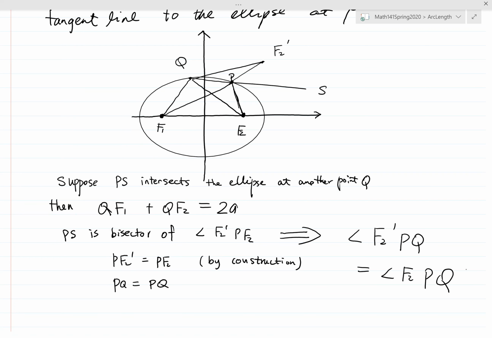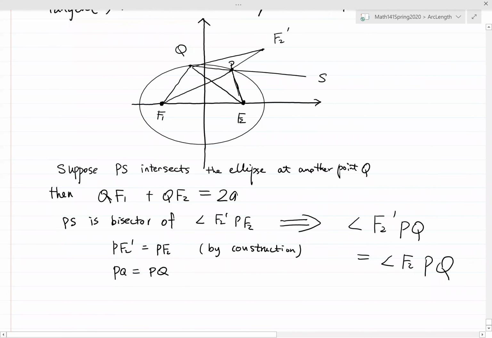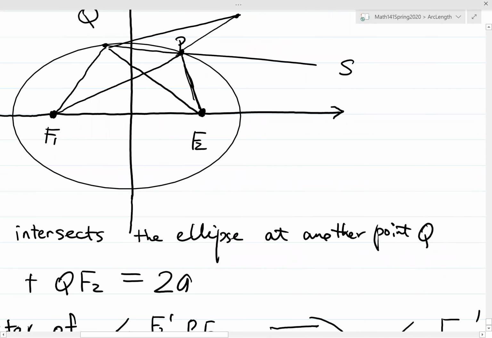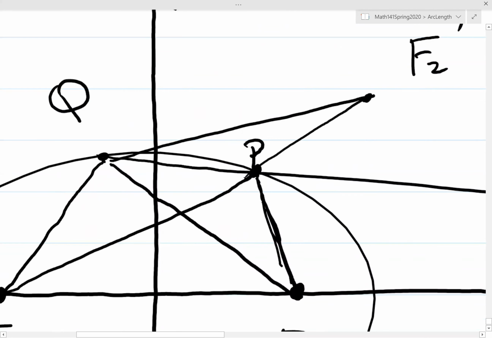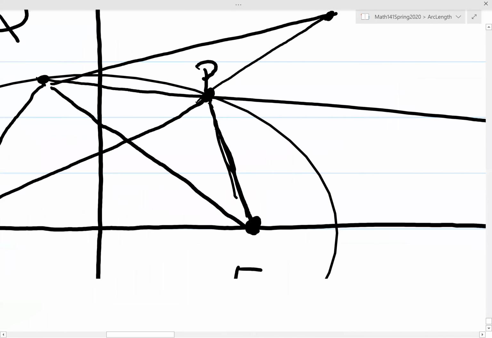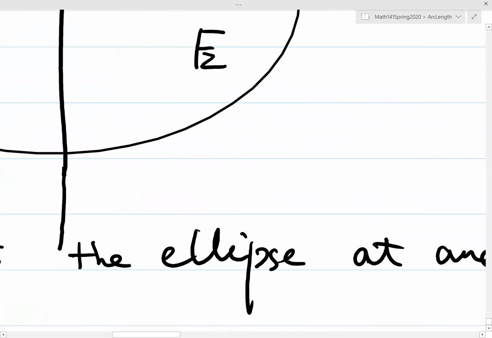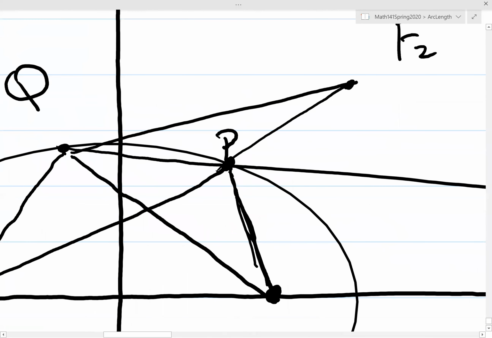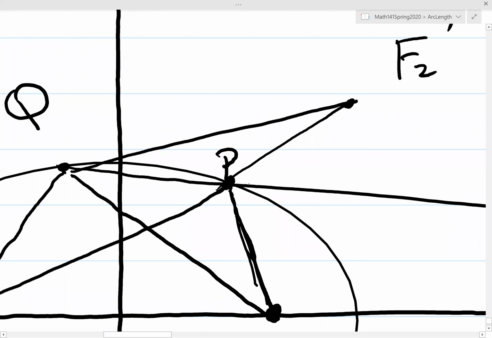Then we can conclude, look at this carefully. These two triangles, PQF2 and PQF2 prime, are congruent. They are congruent because this angle is congruent to this angle by definition of bisector.